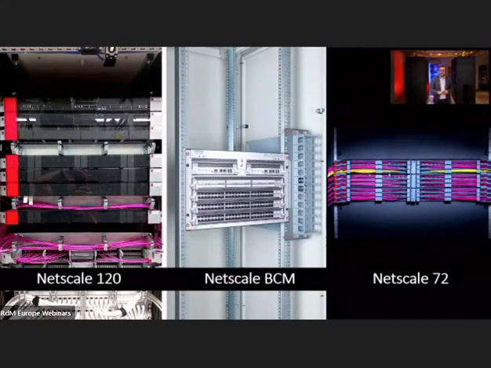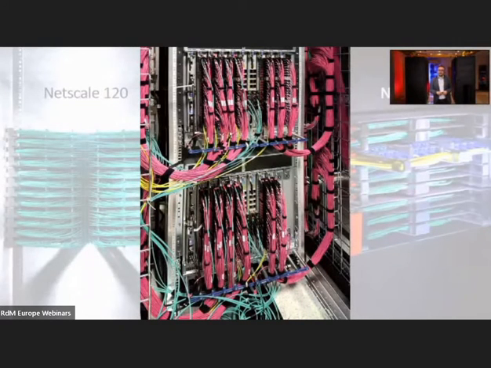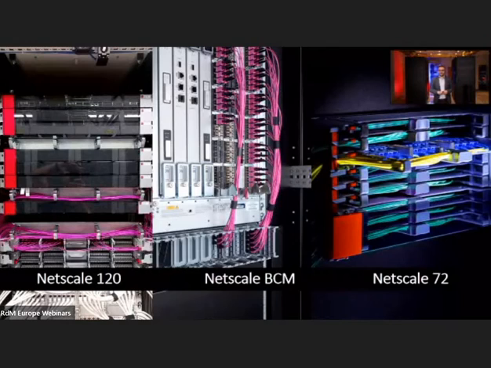Netscale BCM is designed to work closely with storage area switches, which are highly packed with fiber optic ports, like this, which you can see on this slide. This panel should be mounted on the side of or under the SAN switch, horizontal or vertical depending on the arrangement.